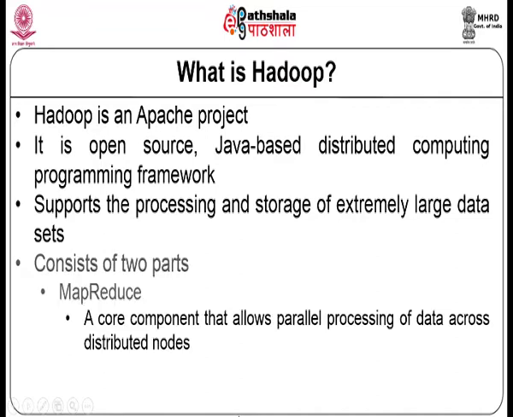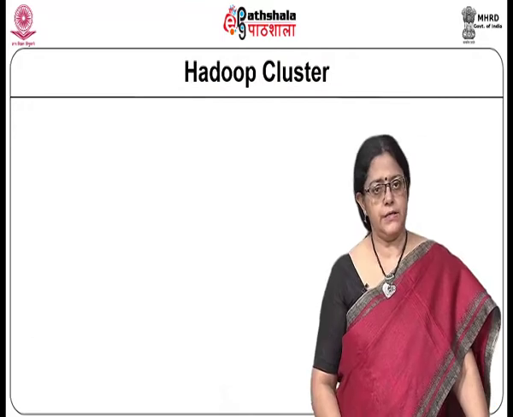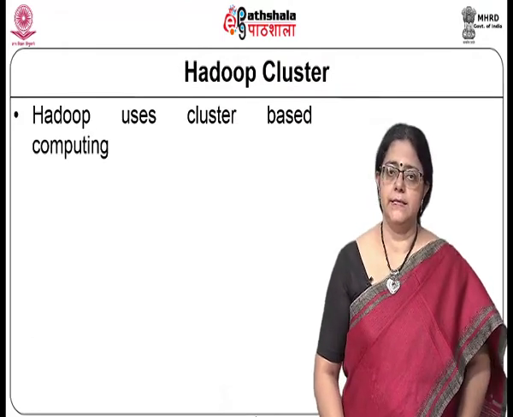One is MapReduce, which is the parallel processing on so many commodity hardware, and the other part is HDFS, which is the distributed file system. It is called Hadoop Distributed File System, and that will store the data, hold the data for the MapReduce to continue. Typically, it is a cluster based system.